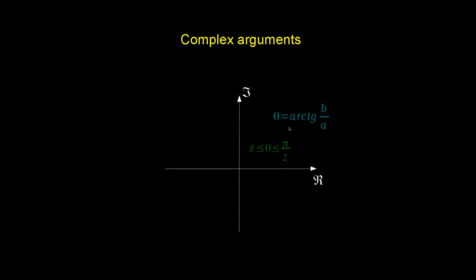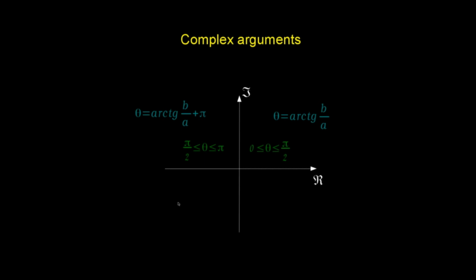So the expression to determine the argument will be arctangent b divided by a. But now what's going to happen in the other quadrants? Well, if we have our argument between π/2 and π, the argument will be given by arctangent b divided by a plus π.